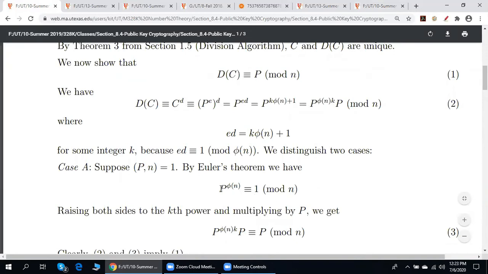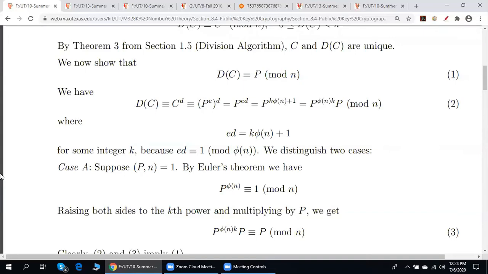Let us multiply both sides here by p. We get this. So this, which is over here, is congruent to this. Since this is congruent to this, and this is congruent to this modulo n, we are done.